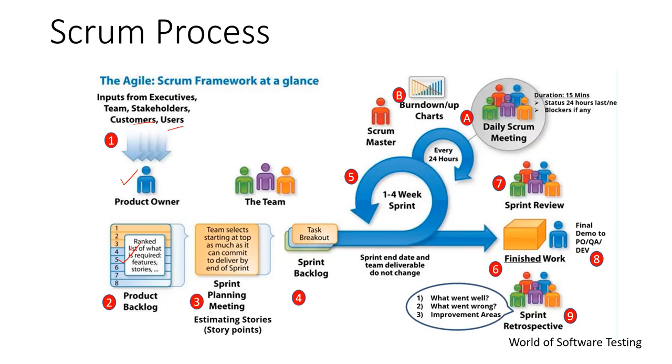Once the product backlog is ready, the sprint planning meeting will happen. This is the first meeting actually, and it will happen after the product backlog creation. Everybody from the Scrum team is involved in the sprint planning meeting.